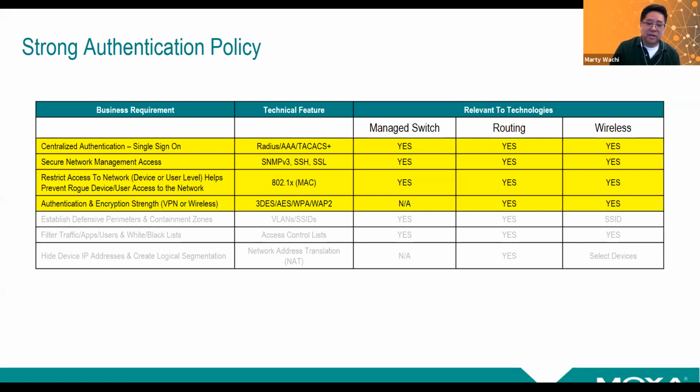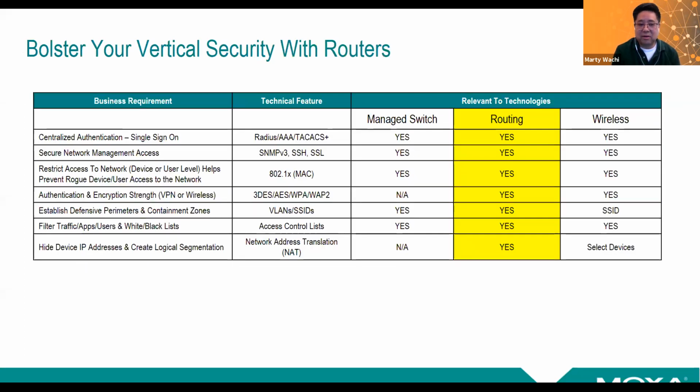The last thing I'd point out is in the context of routing, a way to bolster your vertical security, which is something I think all of us are looking to do. You could introduce routing to the equation. And here you can see that you're adding some additional security features like hiding IP addresses, creating logical segmentation, VPN things. This is something that's not common in an IT network.